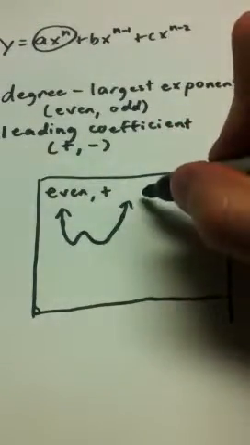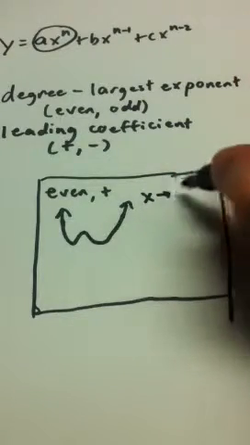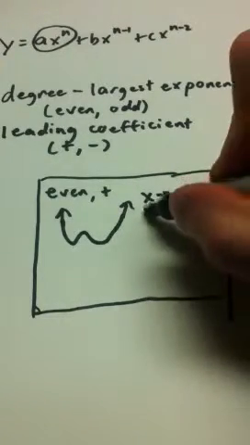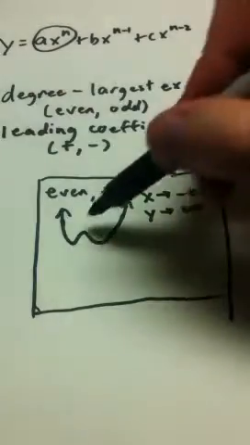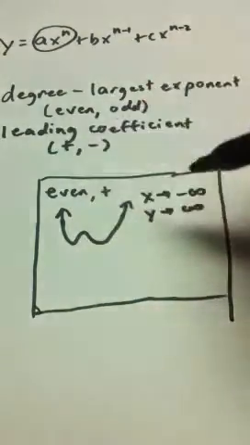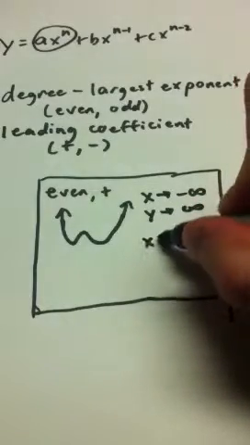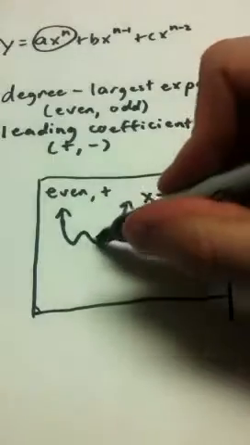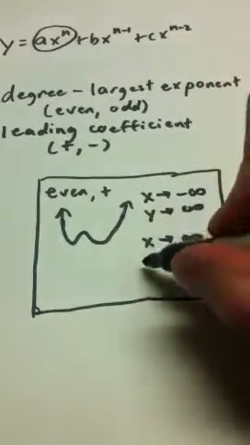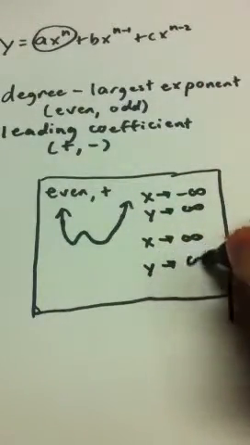So the way we'd write this would be as x approaches negative infinity, y approaches positive infinity. So as I go left, I'm going up. Likewise, as I go to the right, as x approaches positive infinity, so as I move right on my graph, my y is going to positive infinity.